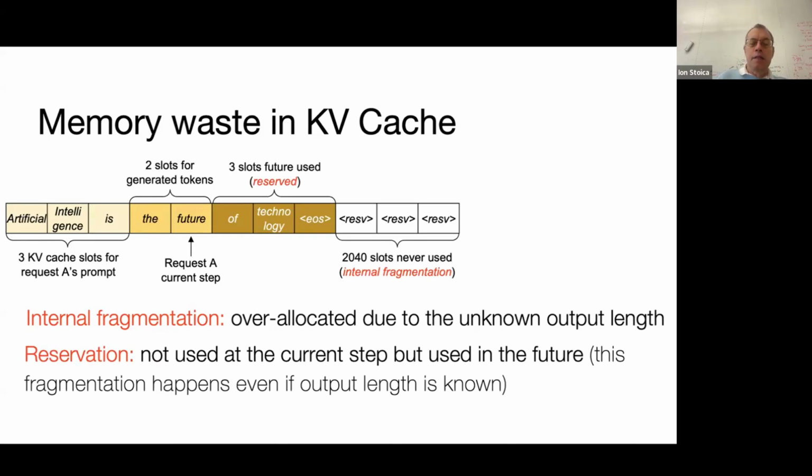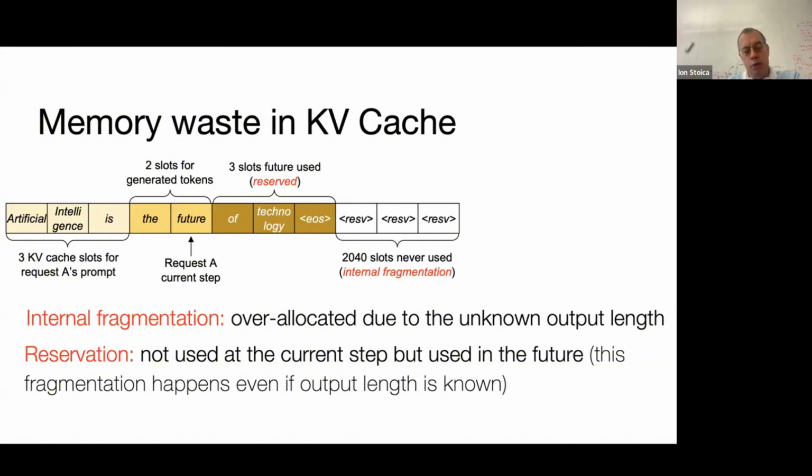So even if you know the length of the output, say it's 100 tokens, and you allocate exactly 100 tokens, no more, it's still not the optimal use of memory.